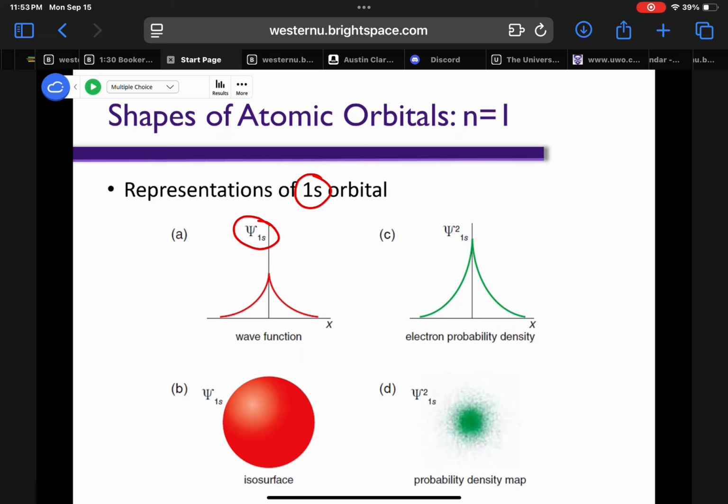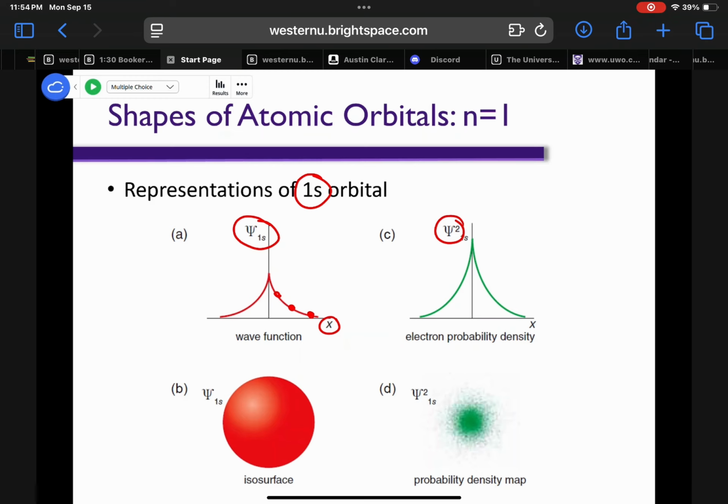So when we draw this wave function on the x-axis, it kind of goes out away from there. When we square it, imagine we squared this number on the line and this number and this number, and you can see that the numbers increase. If we multiply those by each other, they just become more amplified.